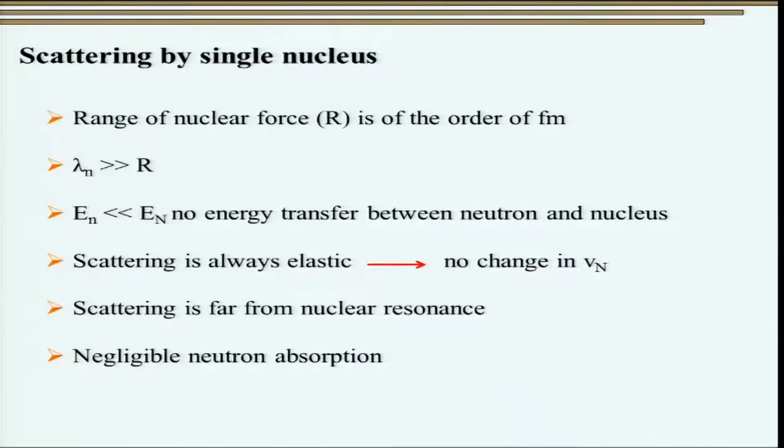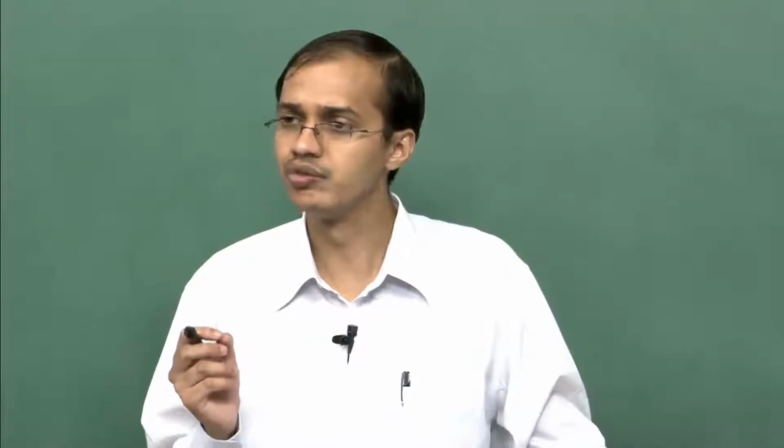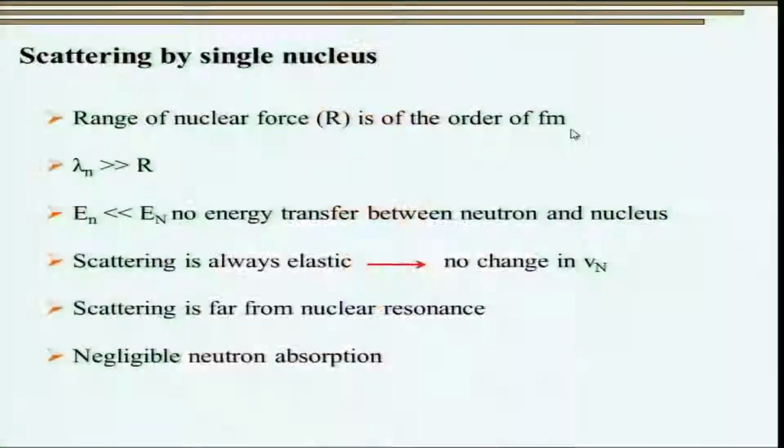Let us talk about, as I had already mentioned, how neutrons actually interact with the nucleus of the atom and not with the electron cloud. If you look at the nucleus, you know that there is a nuclear force associated with it. The range of the nuclear force is very small, of the order of a few femtometers. We are also aware that the wavelength we are using for neutrons is of the order of a few angstroms.